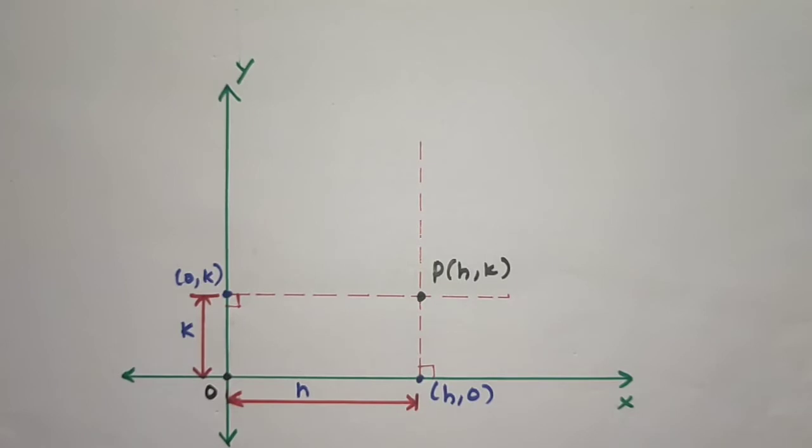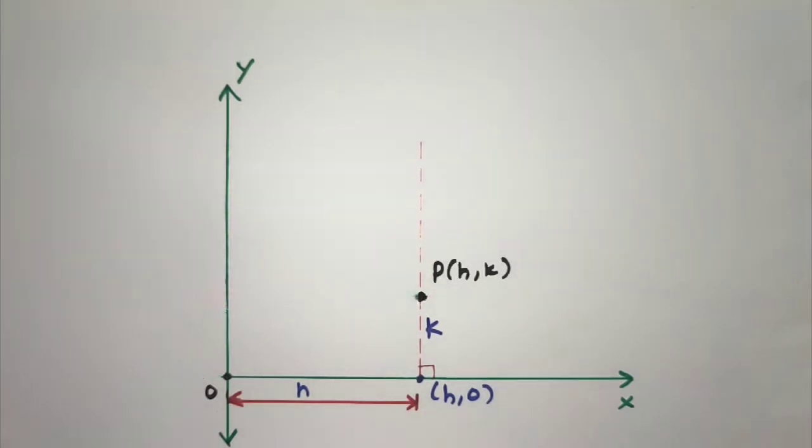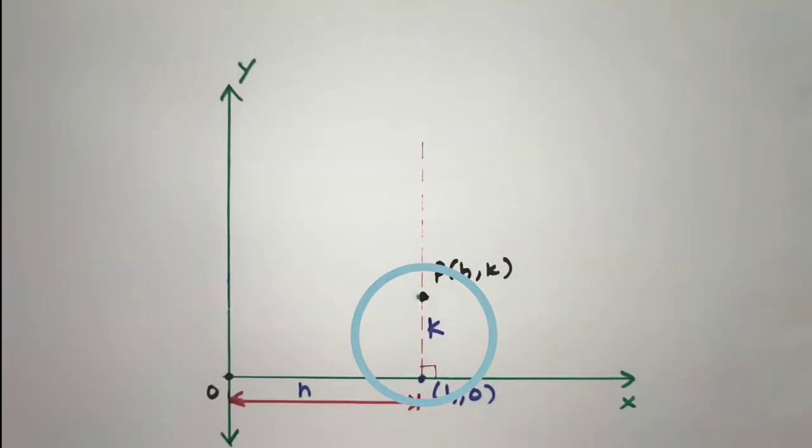Now students, observe here. This is a rectangle, which means opposite sides are equal in length, right? So if this distance is h, then this distance is also h. If this distance is k, then this distance is also k. Now look here. Observe only this part, this distance.